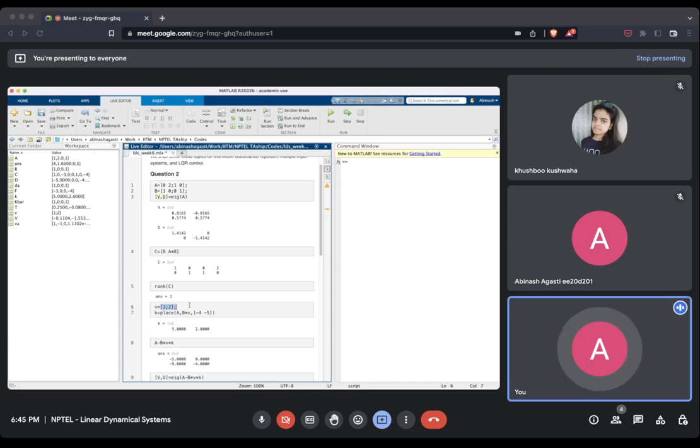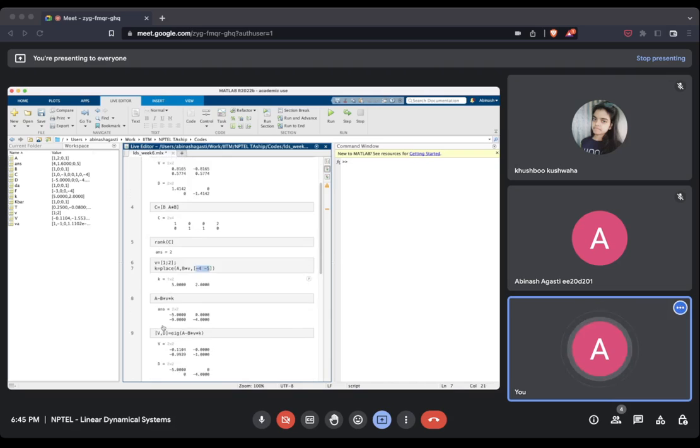Then we take the vector V as specified for this question and just use the MATLAB place command to place the poles of the system A, BV at -4, -5, which results in K being 5 and 2.